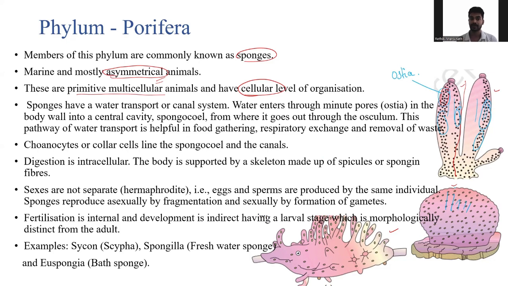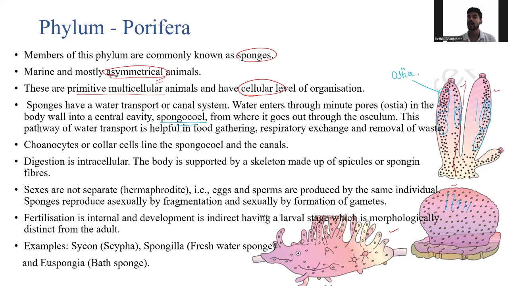In the body cavity, there is the spongocoel, from where water goes out through the osculum.